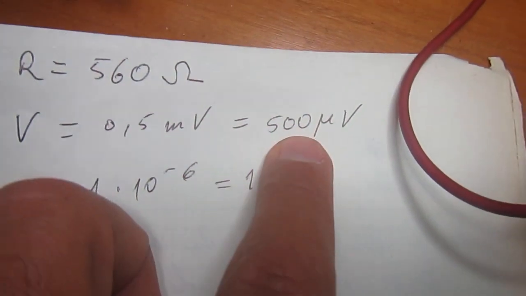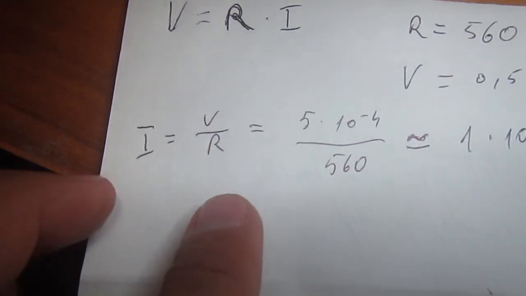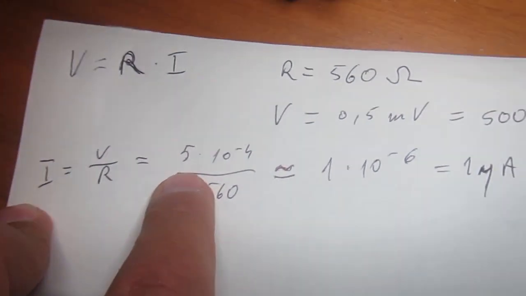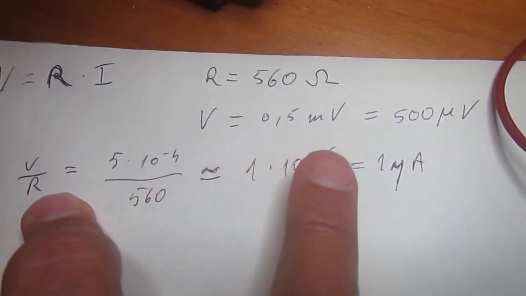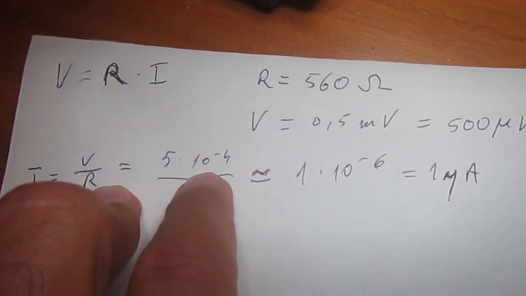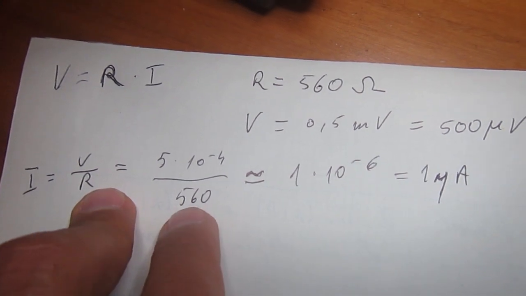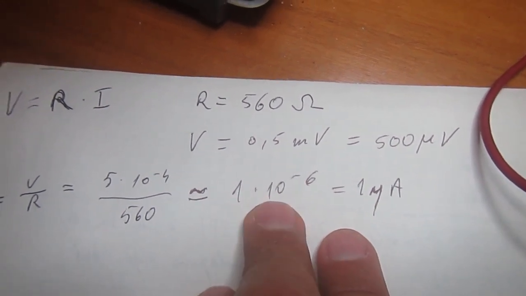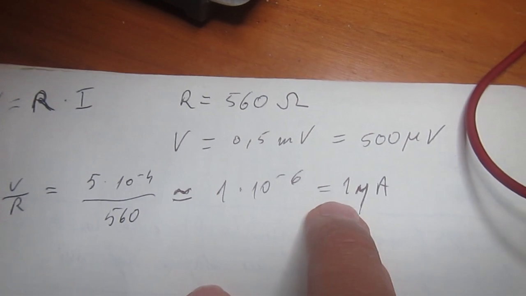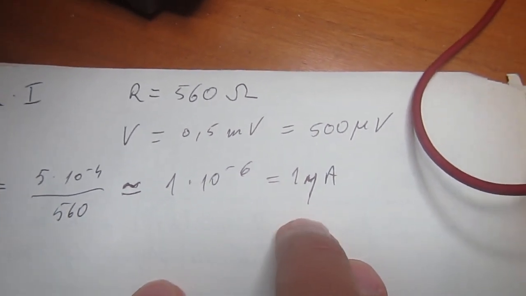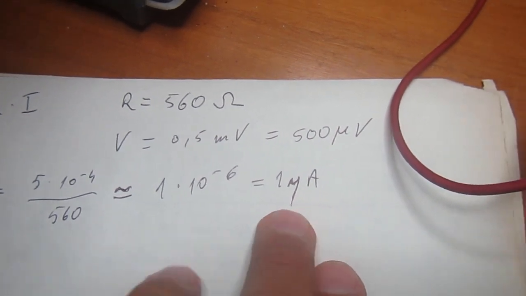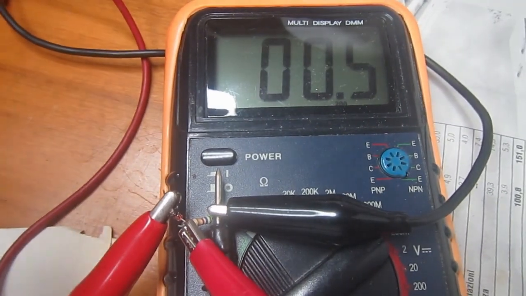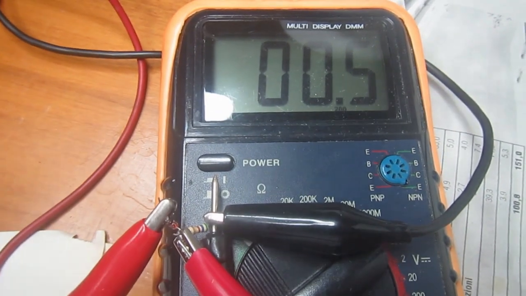So half a millivolt is 500 microvolts, and so our current is the voltage divided by the resistance, so 500 microvolts, which is 5 times 10 to the minus 4, divided by 560, which is roughly equal to 1 times 10 to the minus 6, which is roughly 1 microamp. 1 microampere, which is really fine to display a small dot on a CRT.